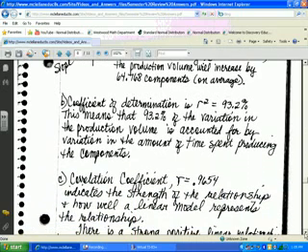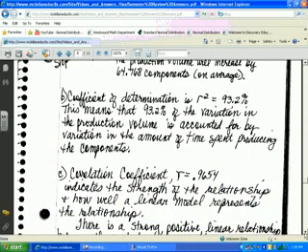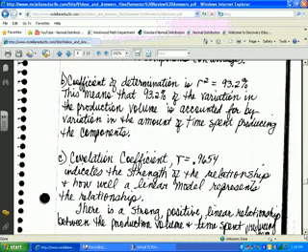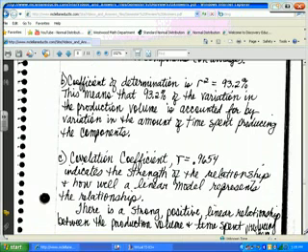Okay, coefficient of determination is your R squared. Remember to look over your vocabulary. And that's 93.2%. Remember our canned statement? 93.2% of the variation in Y, well, that's the production volume, is accounted for by the variation in the amount of time spent producing components.